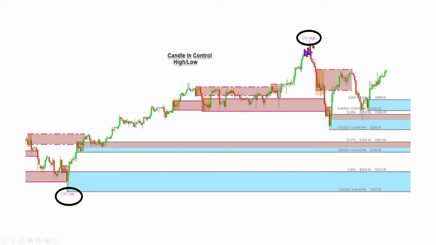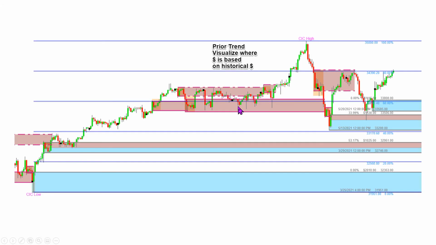And that gets married with the prior trend, in which you can actually segment and visualize where you are in this range of the CIC high to the CIC low. You know, are you in the top of the trend versus the bottom of the trend, and how does that affect your trade plan and where you take a possible long or short trade?